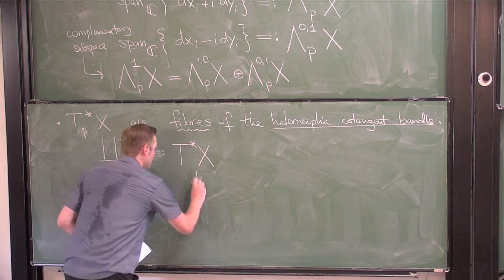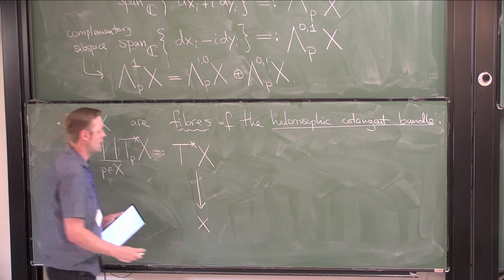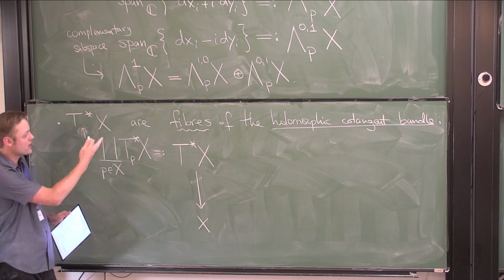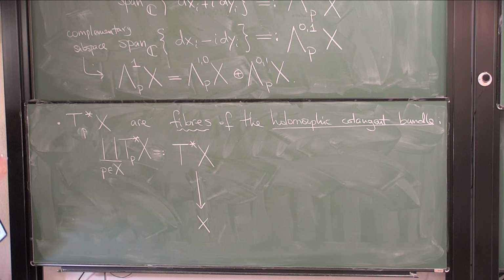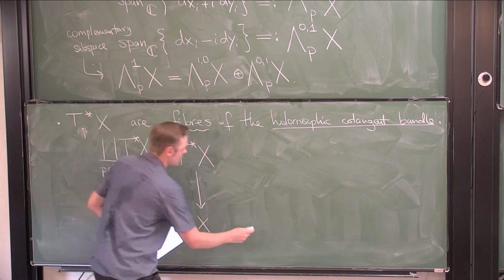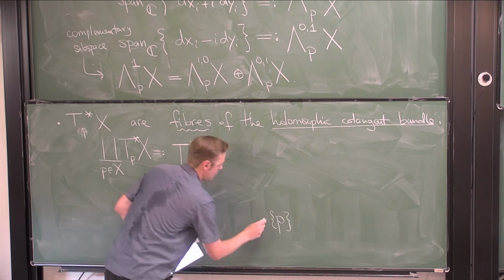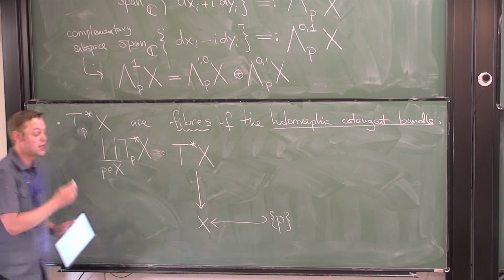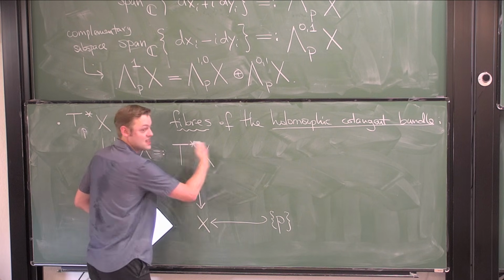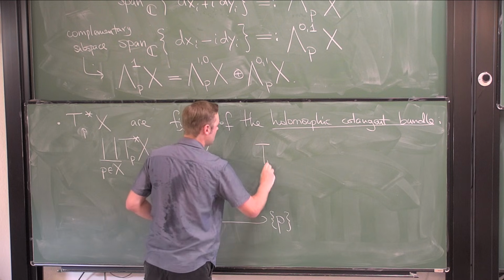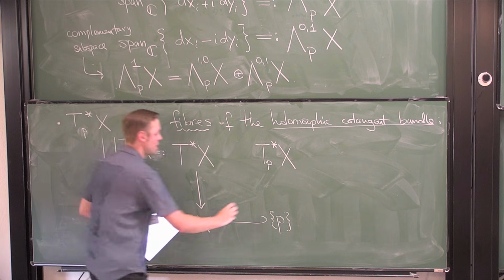So there's a map down to X, and the way we like to express what this vector bundle is, at least in complex geometry, is by saying: if I look at some point p inside my X, then over this point is the fiber, and that fiber is nothing but the complex cotangent space.